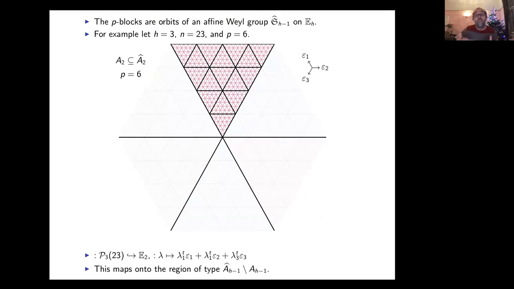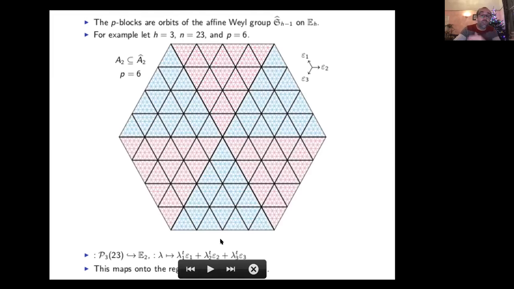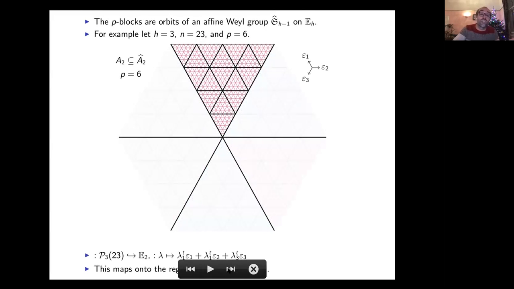And so if I'm a partition, then my first column is bigger than my second column, which is bigger than my third column. So all of these guys are compositions, these aren't partitions. But I'm only interested in partitions, so I restrict to this space.